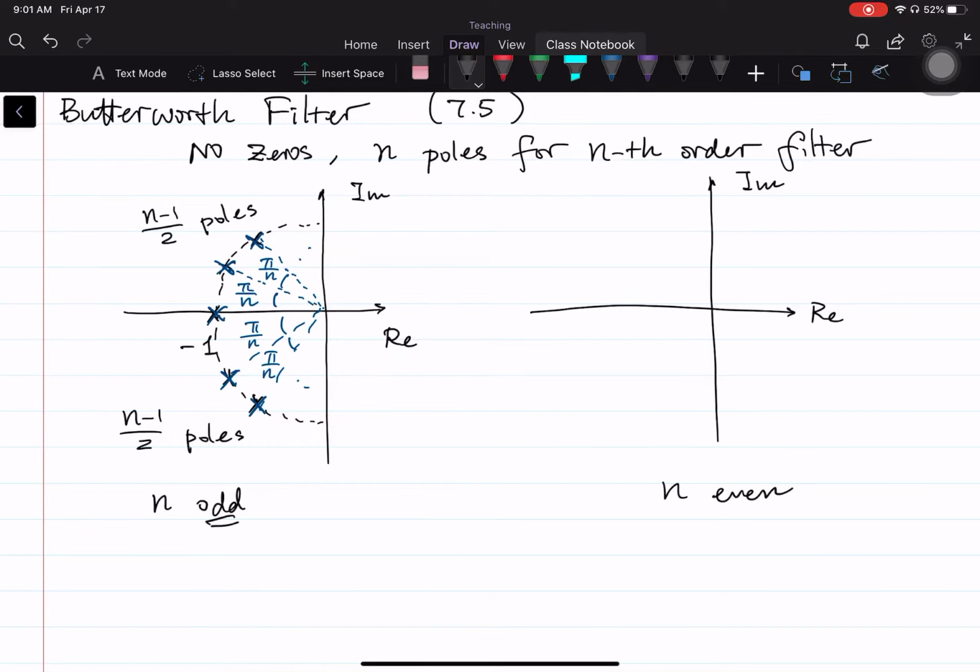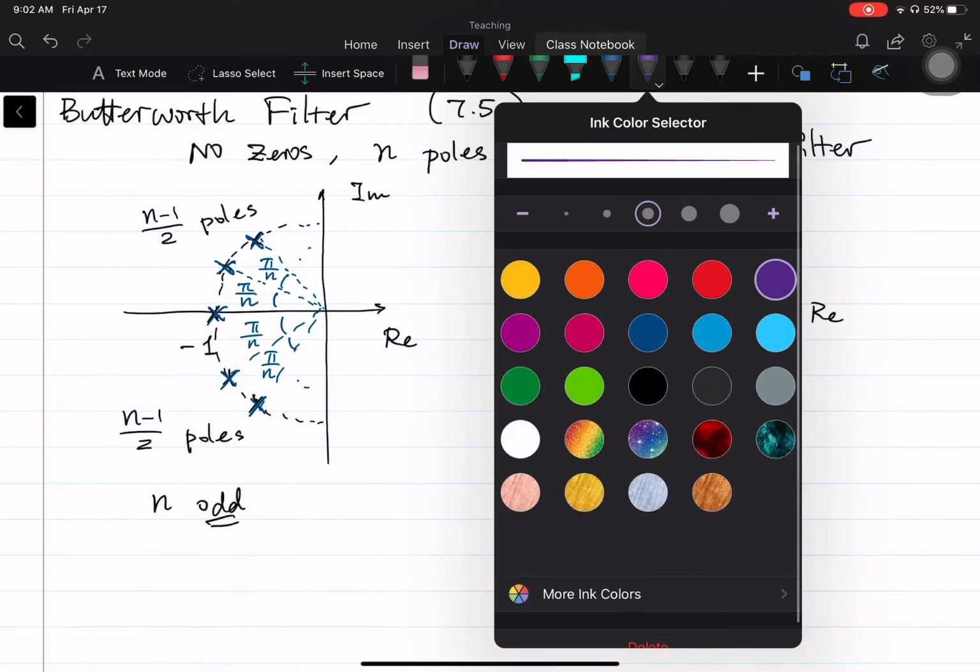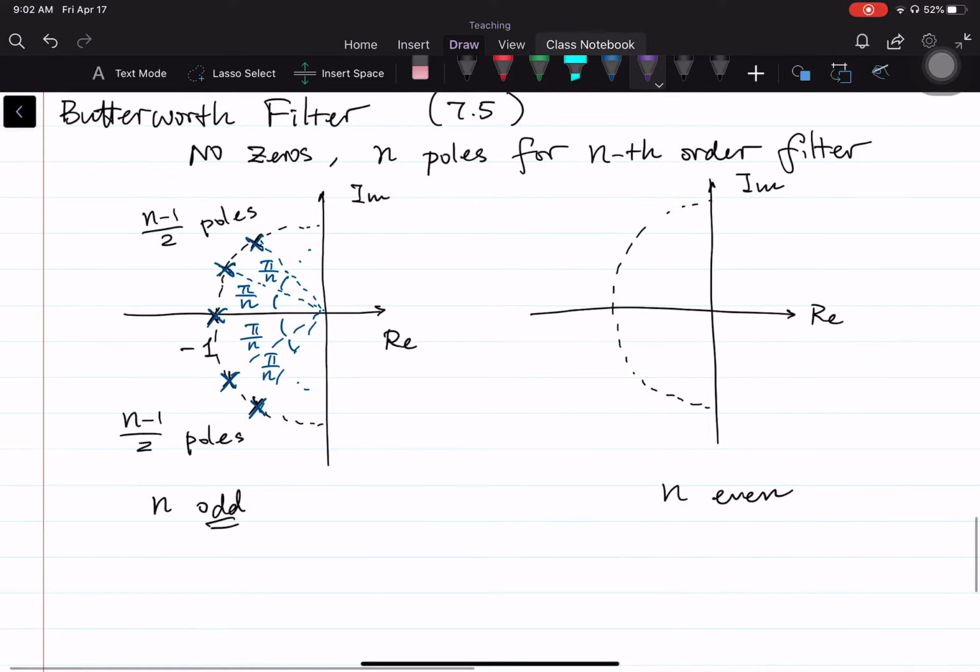When n is even, all the poles are still uniformly located on the semi-unit circle. And each pair of poles is still separated by pi over n.